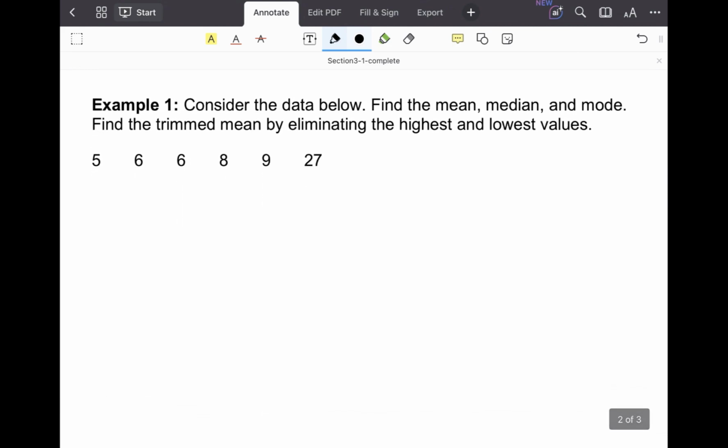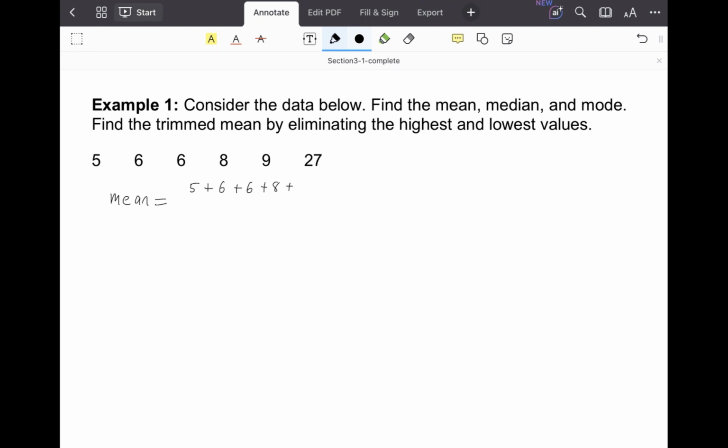Okay, now I just said no one does this by hand, but I'm going to demonstrate doing this by hand once just so you get an idea of what these formulas are. And then after that, we're always going to use technology to calculate this stuff. So the mean for this one, we're taking the sum of all of these numbers.